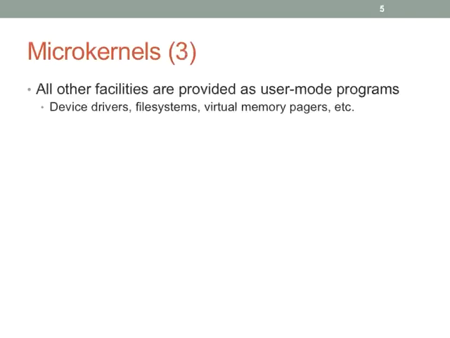Okay, so other facilities provided by user mode programs: device drivers. Yay, we can have really buggy device drivers and they won't bring down our entire system. File systems can be implemented as user mode programs, and virtual memory pagers. When I say virtual memory pagers, what I mean is it gets to figure out what page gets evicted, what page is loaded, and so on. It's not actually managing page tables or page directories.